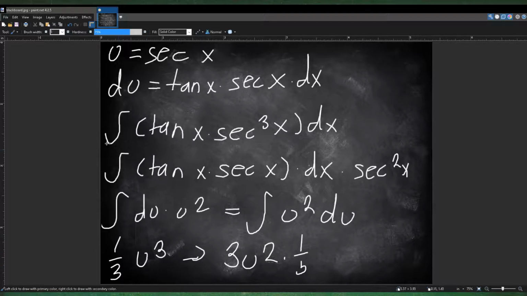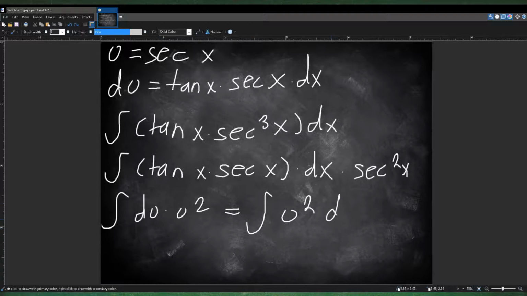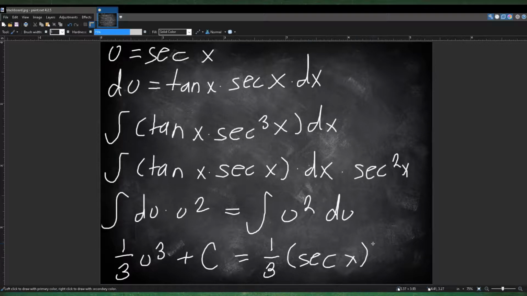So we have 1/3 u to the power 3, and you always got to add that constant. So that's our integral. Now, we already know what u is, right? u is secant of x, so we can substitute that back in. 1/3 secant of x cubed plus c, which is the answer we just got when we did it with the sines and cosines. So this is another way to do it if you understand how trig works.